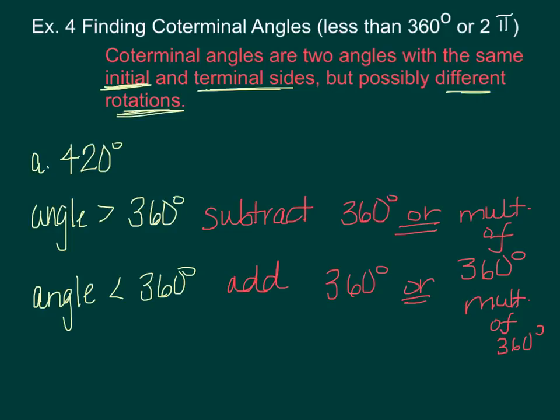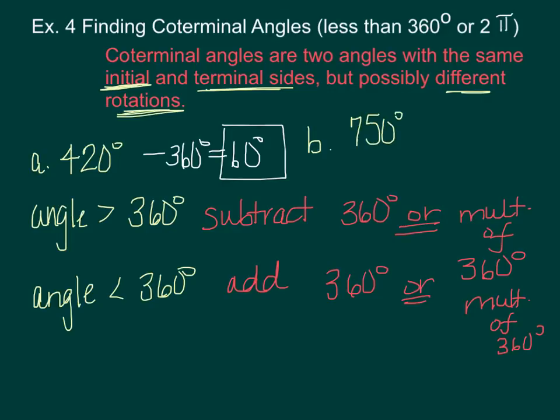So let's say it's 420. 420 is larger, so you're going to subtract 360. And you'll get 60 degrees. So that means 420 and 60 are coterminal. Let's say the angle was 750. 750 is also larger than 360, so you would subtract 360.